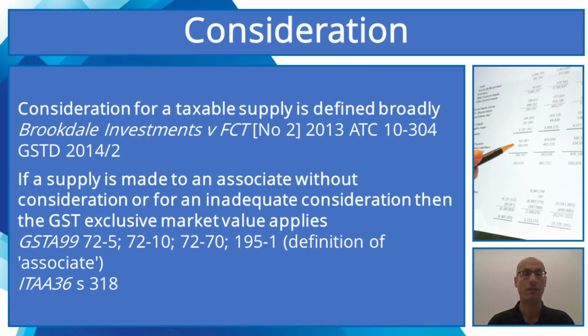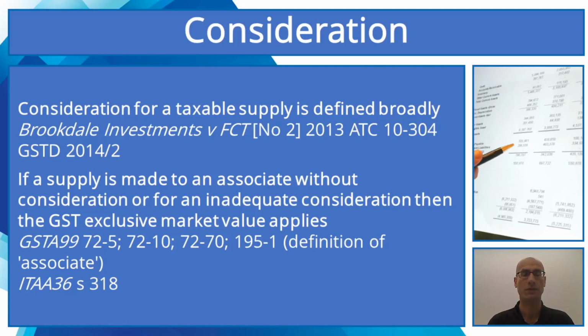It has a very, very broad definition of associate that is going to include both business associates, so partners in the same firm or related companies, but also familial relationships as well, so your life partners and family members.